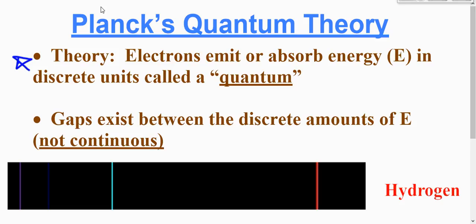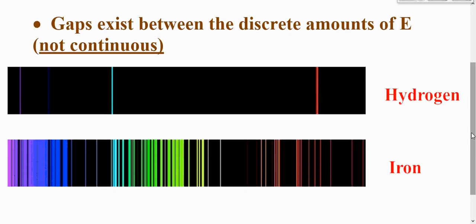And these gaps that exist in the atomic emission spectrum, these empty spaces in here, are like the discrete amounts of energy where the electrons can't go. So this is saying that the electrons in a hydrogen atom can only be promoted to certain positions outside the nucleus. They don't just fill in everywhere.